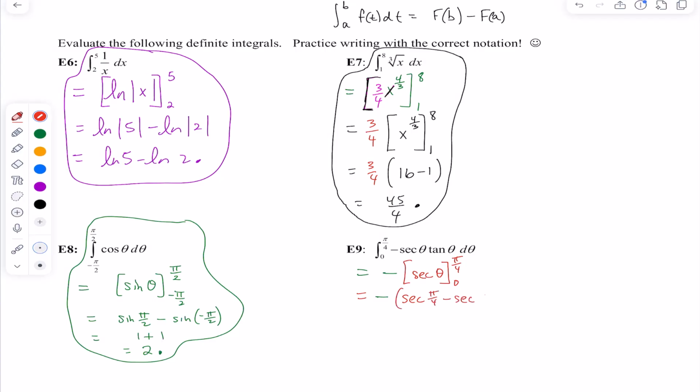Make sure you have your trig values memorized. So final expression is 1 minus the square root of 2. Notice the first expression simplified to 1 minus the square root of 2.